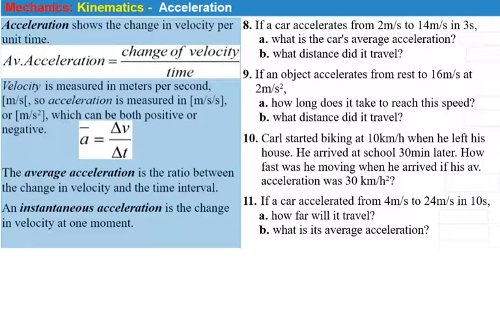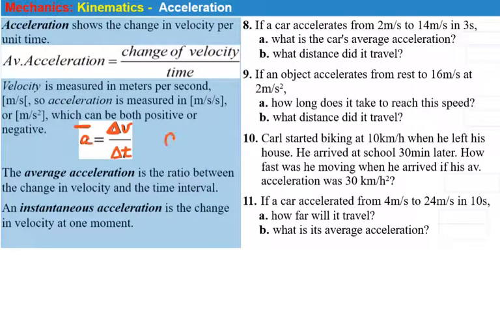Acceleration is the change of the velocity over the time. The average means the line on top, so average acceleration is equal to delta v over delta t; delta means change of the velocity over the change of the time.